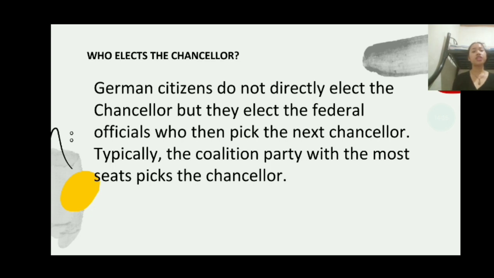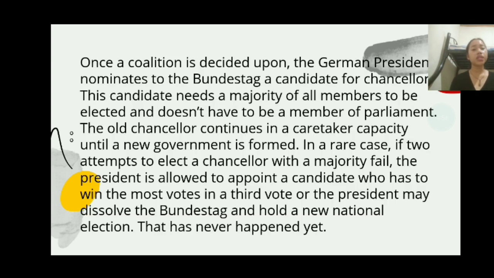Who elects the chancellor? German citizens do not directly elect the chancellor, but they elect the federal officials. The federal officials are the ones who pick the candidate for chancellor. Typically, the coalition party with the most seats picks the chancellor. Once a coalition is decided upon, the German president nominates to the Bundestag a candidate for chancellor.